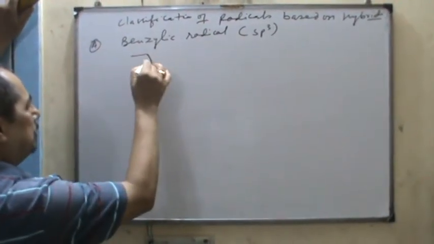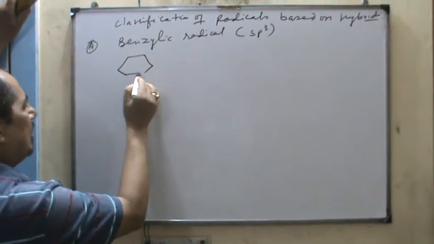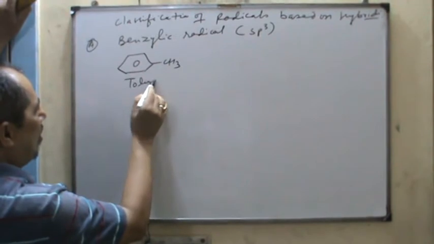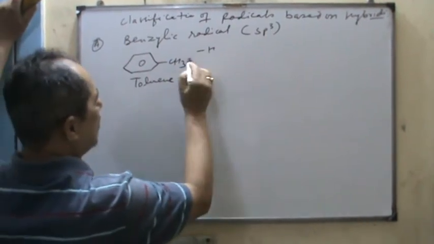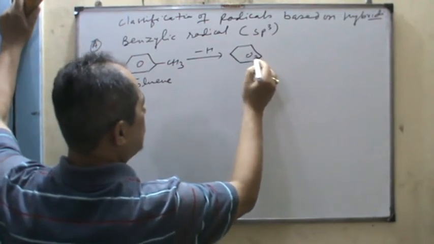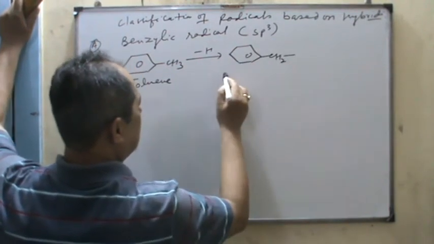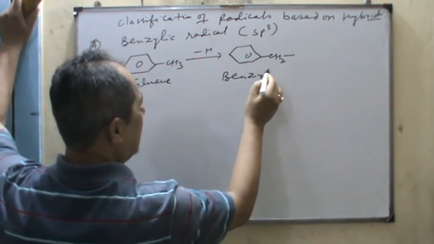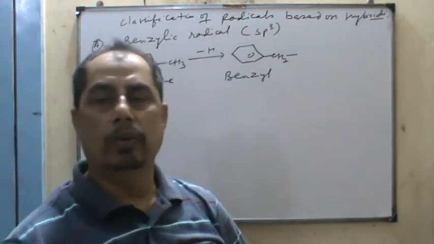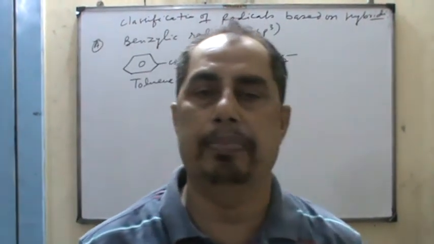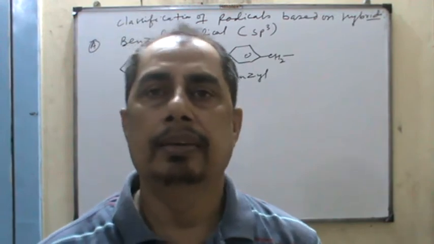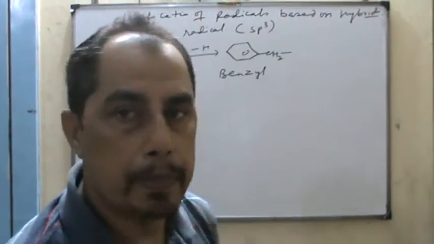Dear students, if you see the benzylic radical, now this is toluene or methyl benzene. Replace one H, then its formula becomes CH2. It is known as benzyl. So keep in your mind, whenever a side chain hydrogen is replaced from toluene, the first radical is benzyl.